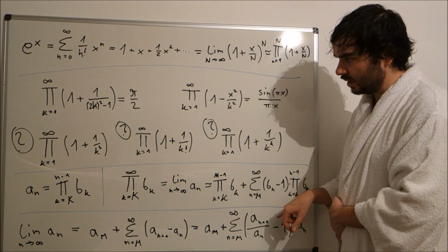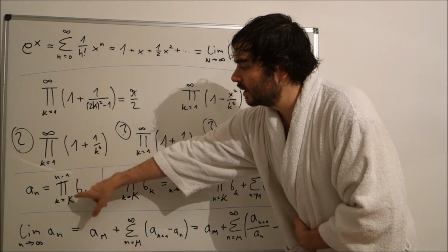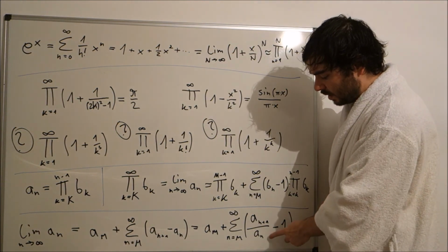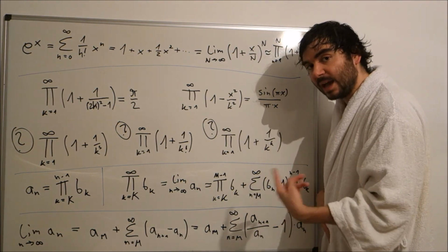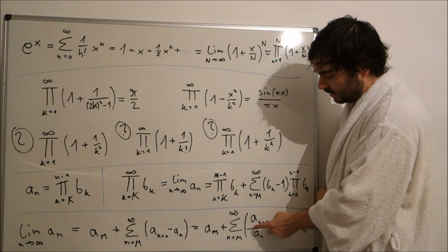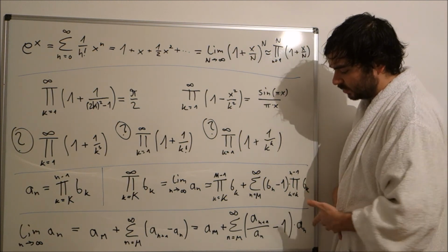Because this is a product of b_k's to n minus 1, and all the b_k's will be here, and here will be all the b_k's times another one, and so this will just be one expression. So you see this reduces to that, and this is just the product that you defined here.